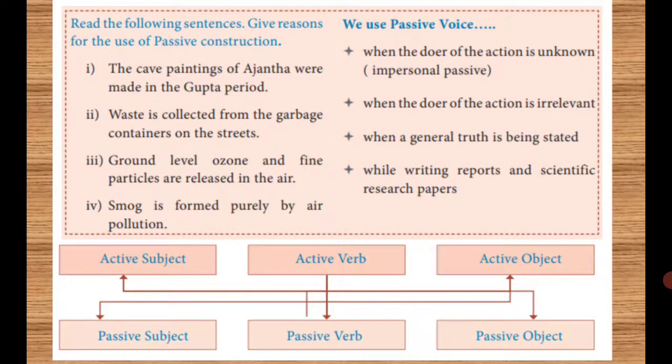What happens when a sentence in active voice is changed or transformed into passive voice? Look at the first format: active subject, active verb, active object. This is the format of the active voice. But what happens in the passive voice?